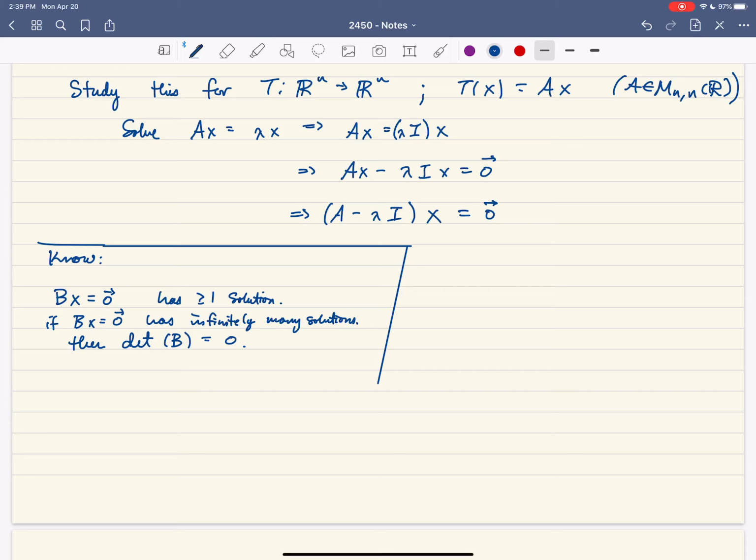Okay. And let's think about that. What that means is that we want the determinant of A minus lambda I to be 0, and A minus lambda I is an n by n matrix, and we're just going to have to figure out what this is for generic matrices A. Okay, so this is going to be a pretty important equation for us.